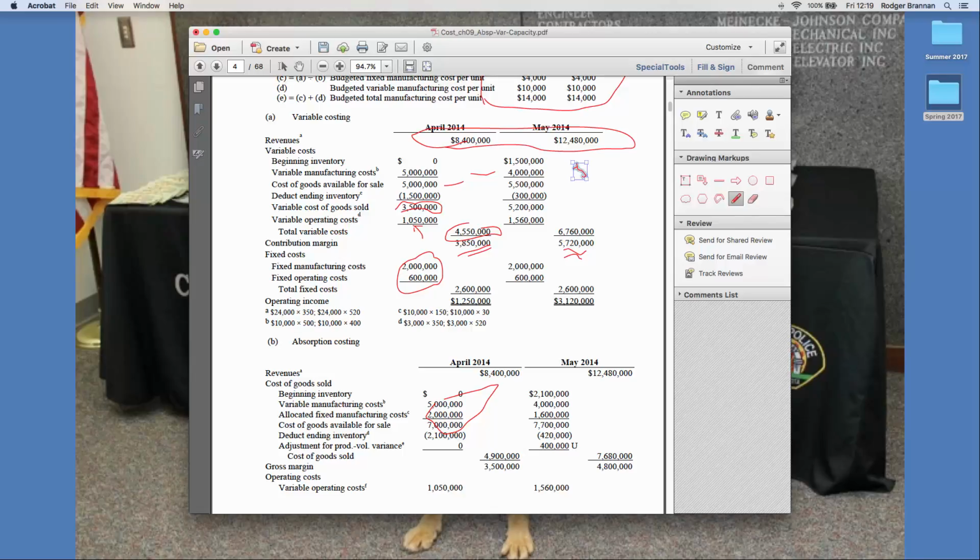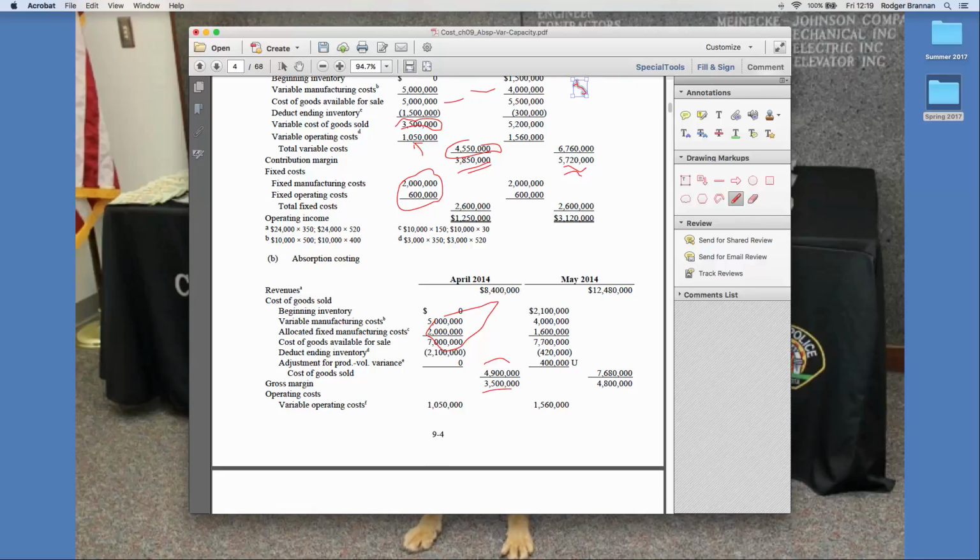350 times 14,000 gives you the 2.1 million. Cost of goods sold here 4.9. Gross margin of 3.5. Subtract out all the non-manufacturing costs, because under absorption, the line here is between manufacturing and non-manufacturing. Under variable costing, if I were to draw that line, this is variable cost versus fixed cost.